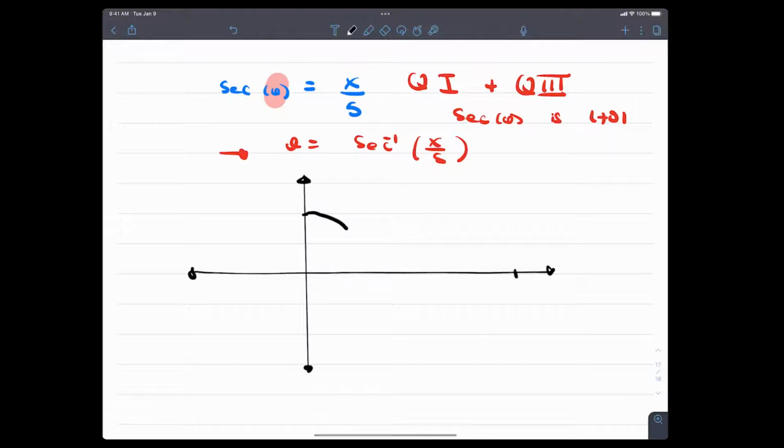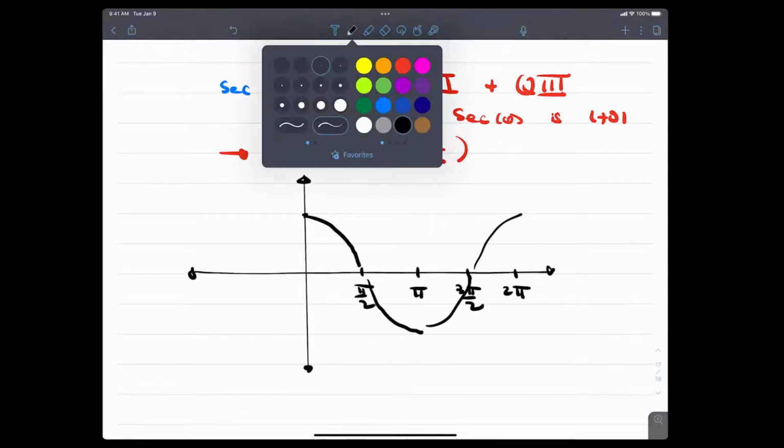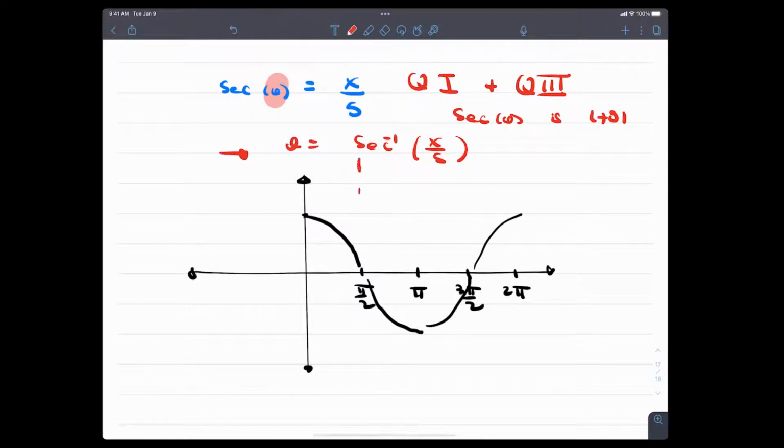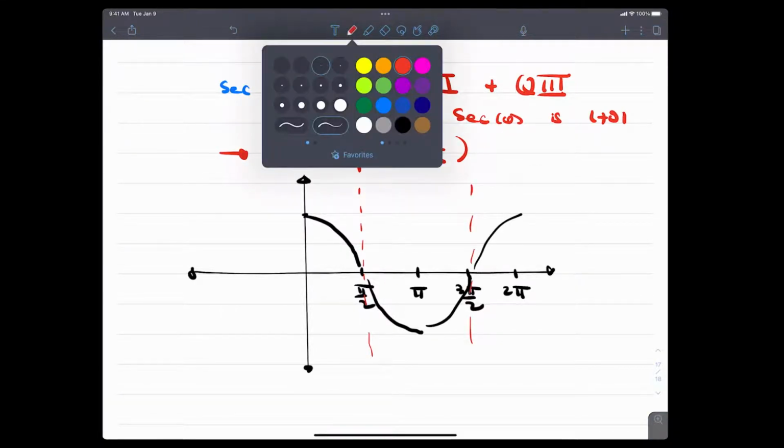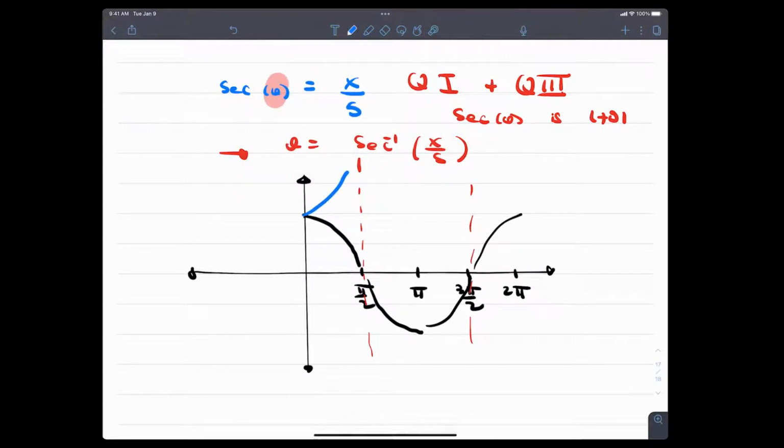Be careful. 2 pi over 2, 3 pi over 2. Oops, sorry.